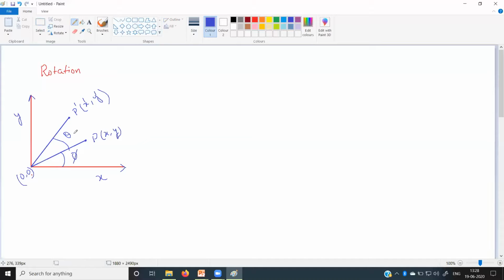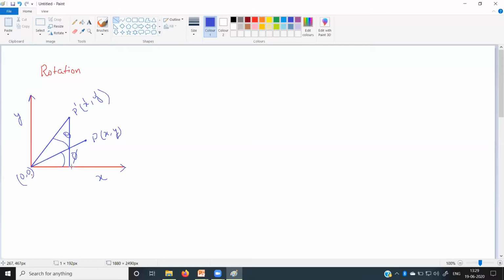With respect to the x-axis, what is the total? If I connect P dash with the origin, this line makes an angle of theta plus phi with respect to the x-axis. Now we can draw a line perpendicular from the point P dash to the x-axis.